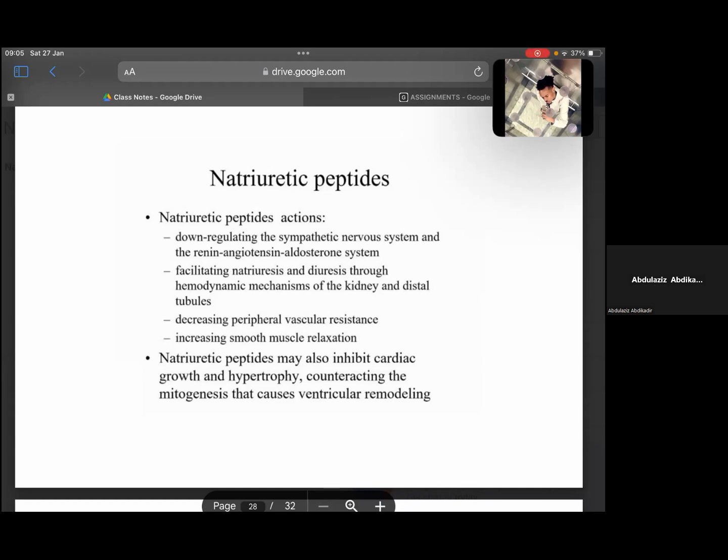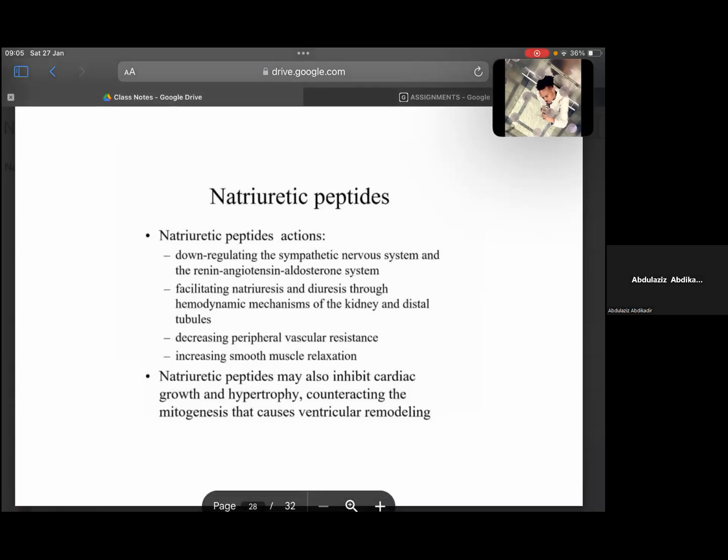This one will be opposite. It will reduce the peripheral vascular resistance. It will down-regulate the vasoconstriction via the sympathetic nervous system. The smooth muscle contraction responsible for vasoconstriction, it will reduce, so it will cause relaxation. Whatever renin-angiotensin does, this one does the opposite. It counters.